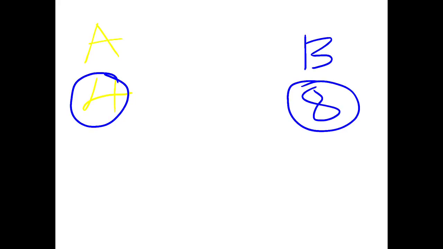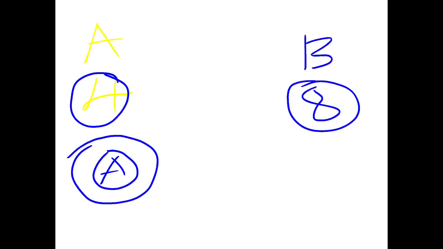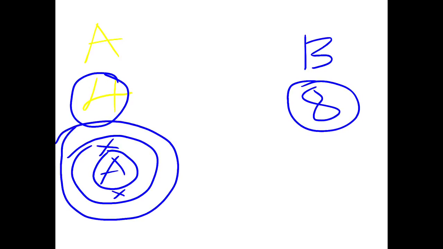If we were to draw the electron configuration, or simply the atomic structure for A, it would appear like this. We would have the first energy level having 2 electrons, and then the second energy level having 2 electrons as well.